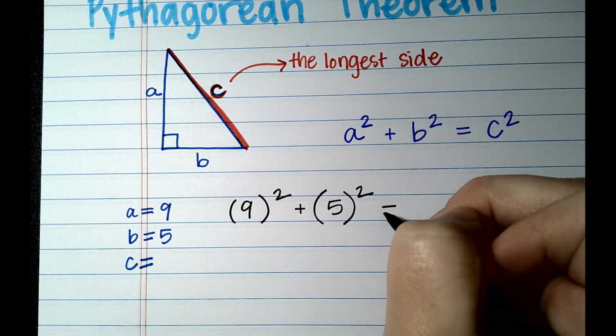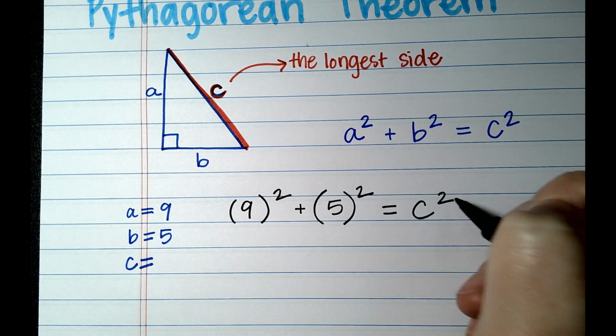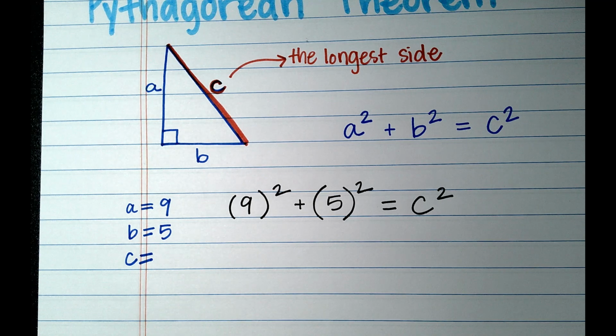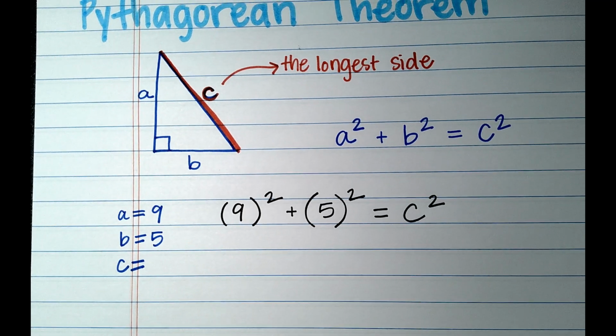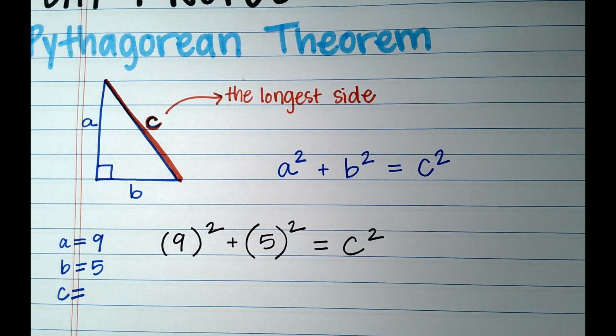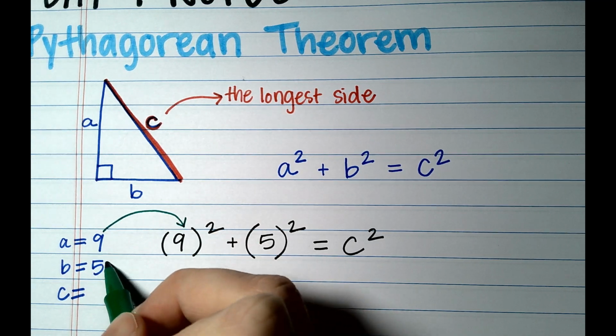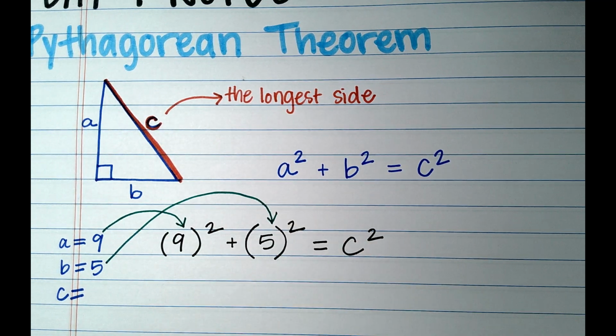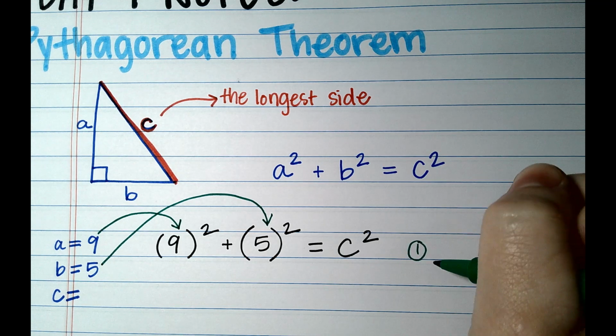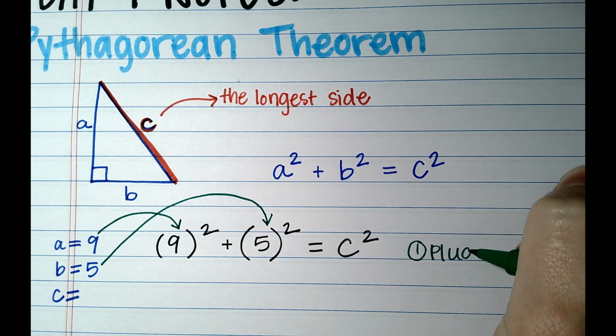And that equals, we're going to solve for C squared. So step 1, we're plugging in the numbers.